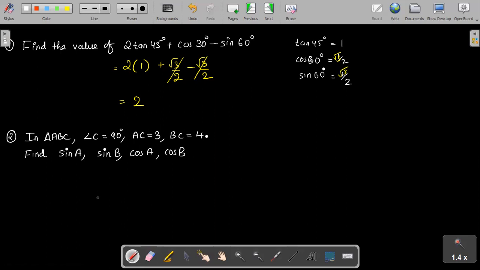So can you just try this? First draw the right angle triangle. And after you draw the right angle triangle, then you can name it.